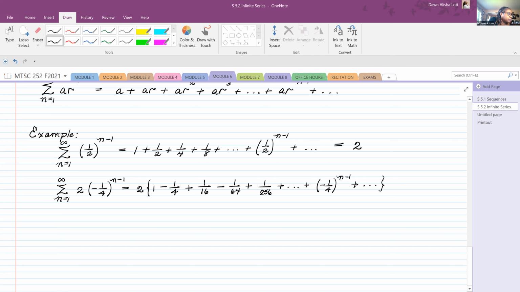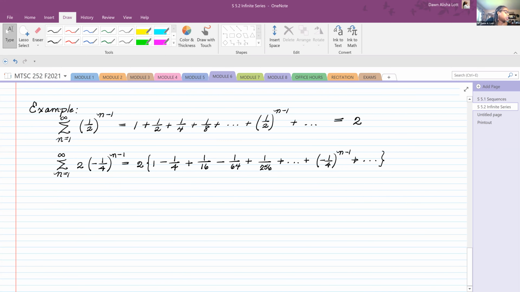All right. So I want to show you that we can actually find the sum of this geometric series. Okay. So let's let r equal 1. So if r equals 1, I get the sum n equals 1 to infinity of a, and r is 1, so I just get 1 to the n minus 1.